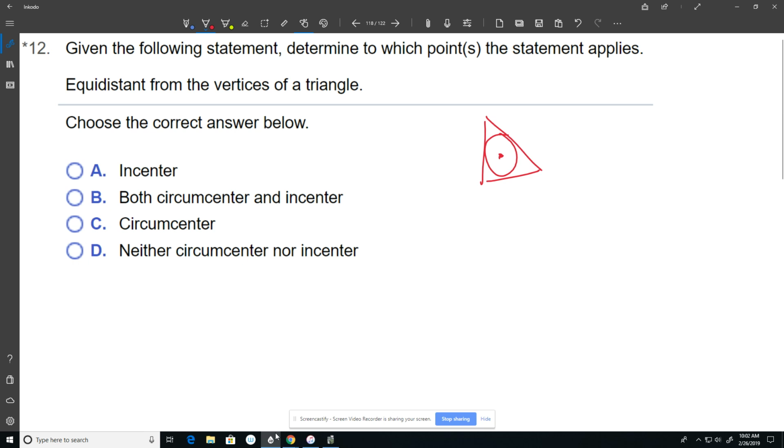And so this point, the center of it, is the equal distance from the sides of my triangle, not the vertexes. So I know it's not the in-center. So I know it's not both. But the circumcenter is the center of the circle that goes through these 3 points, which means those 3 points are the radius of the circle. So I'm going to choose circumcenter because it's the equal distance to the vertex.